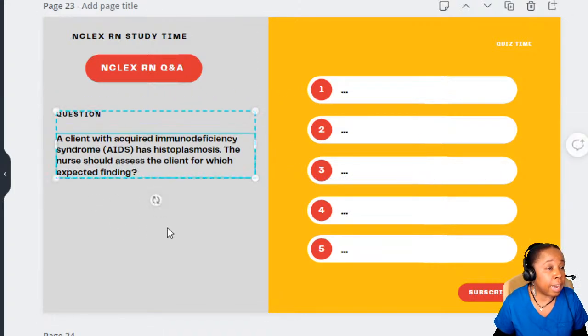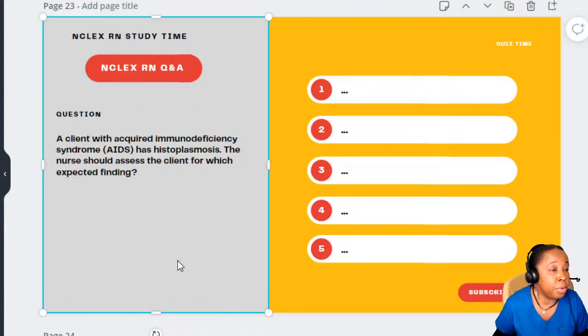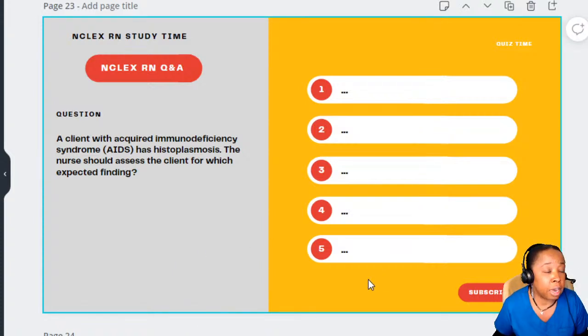Okay, a client with acquired immunodeficiency syndrome, AIDS, has histoplasmosis. The nurse should assess the client for which expected finding. What do you guys think you will find in a patient who has AIDS and that patient also has histoplasmosis?